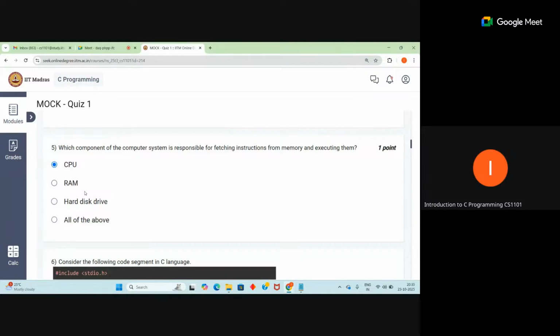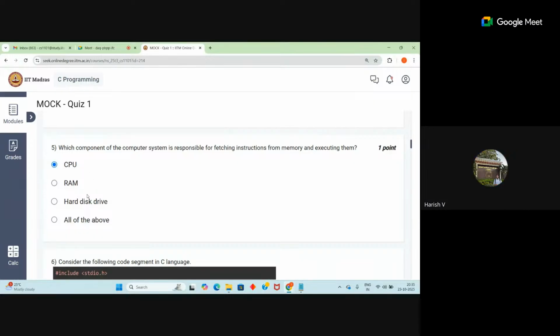Only when it is moved from your hard disk to the main memory, then it can execute your code. Hard disk is your secondary storage. These two are for storing the data, whereas the CPU is the one which will fetch the instructions and execute them. So CPU is the answer.